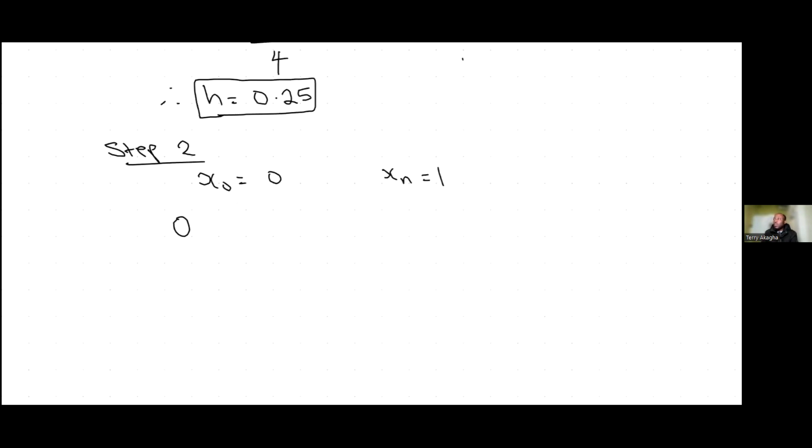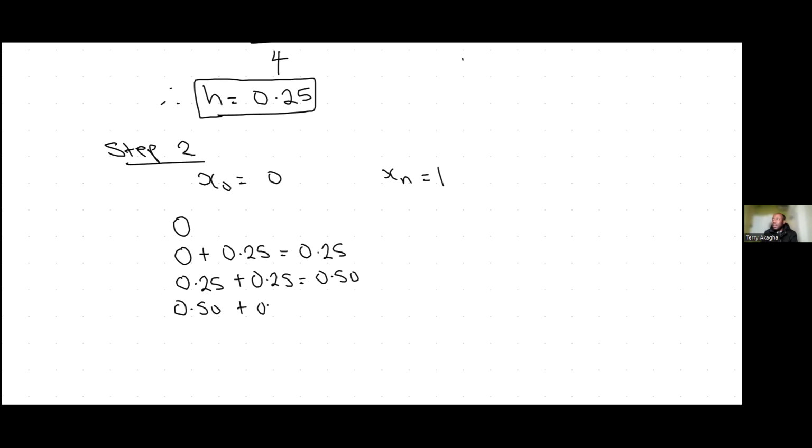The second one is going to be 0 plus 0.25, which gives me 0.25. Then to this 0.25, I add h again, so 0.25 plus 0.25 gives me 0.50. This is because we're going to get up to 5 x values. Then 0.50 plus 0.25.